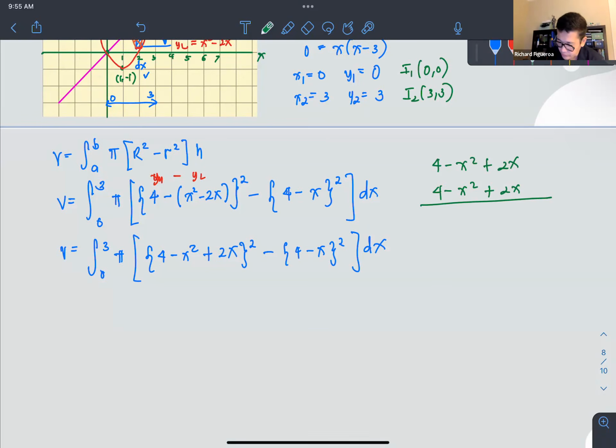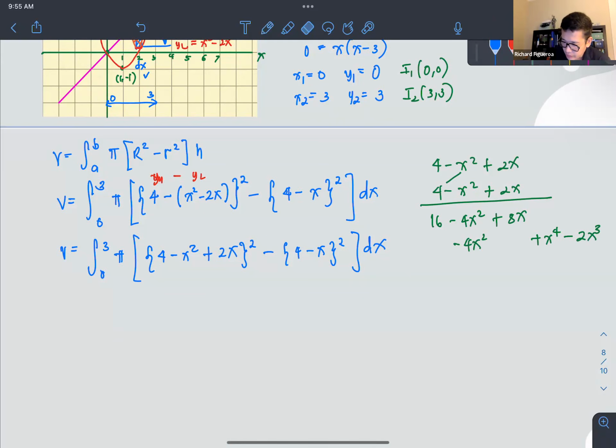So first term, 4 times 4, 16. And then 4 times negative x squared, so negative 4x squared. So 4 times 2x, so plus 8x. Middle term, negative x squared times 4, negative 4x squared. Negative x squared and negative x squared, positive x to the 4th. So negative x squared, positive 2x, it's negative 2x cubed. So ina-align ko yung similar terms.